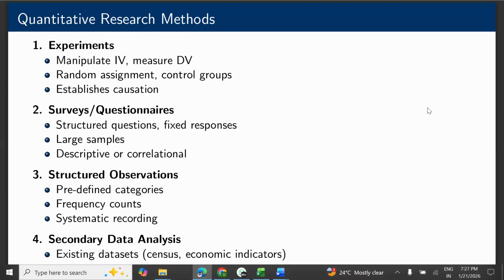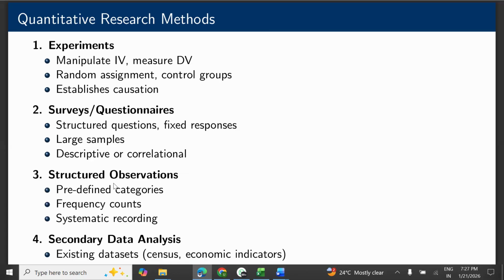Then what are the different quantitative research methods? Already we know experiments, where we can manipulate the independent variable and measure the dependent variable. There is random assignment, control groups, and it establishes causation. Then we can use the survey and questionnaire method, where the questions are structured and there are fixed responses, for large samples, so basically it is descriptive or correlational studies.